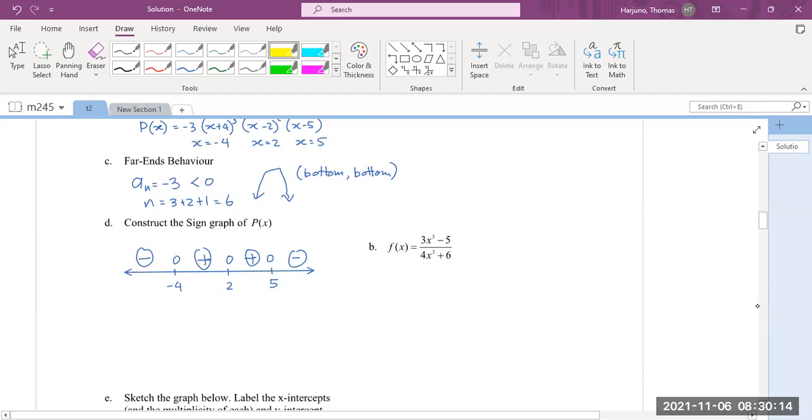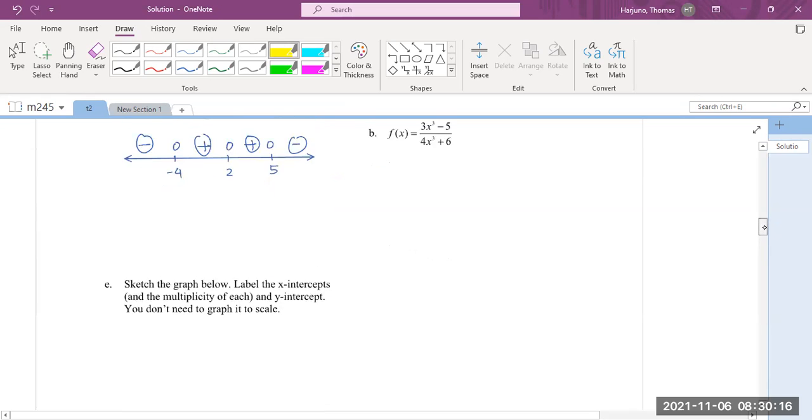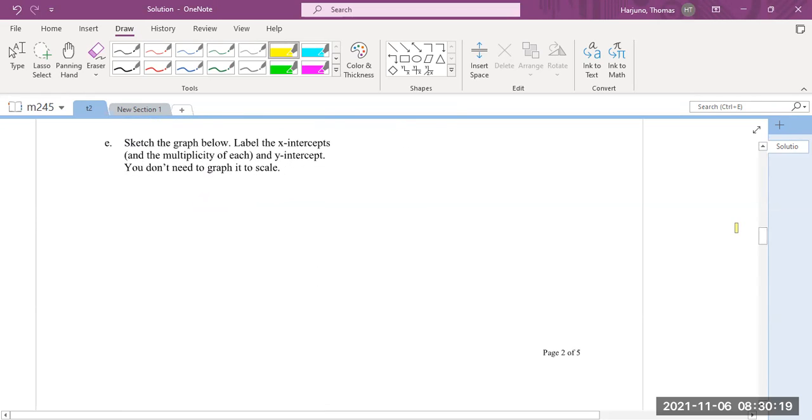Okay, now using that, let's sketch the graph. We don't need to draw it to scale, but we need to pinpoint the x and y intercepts, important coordinates.